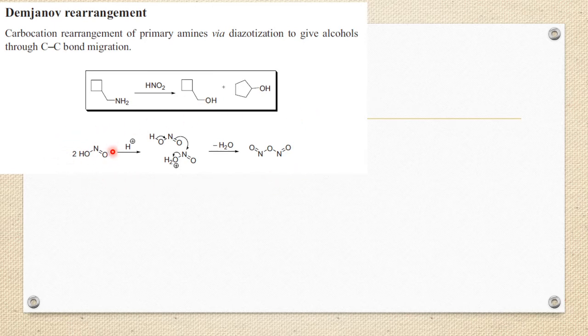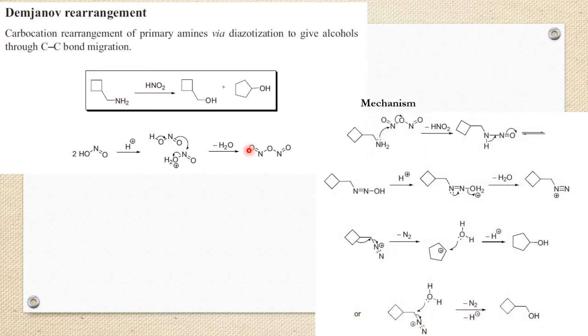You find nitrous acid, and a molecule of water is eliminated to create this intermediate. So this is the mechanism. This intermediate will react with the amine group to create an azoxide. The azoxide will create a hydroxyazo intermediate. This on reaction with the proton eliminates a molecule of water to create the diazonium salt.